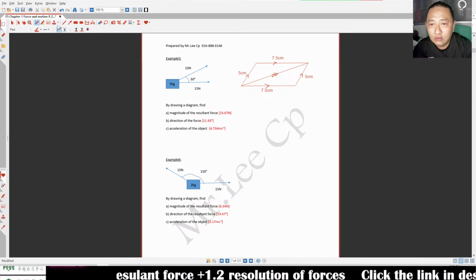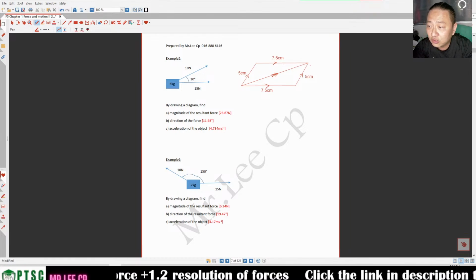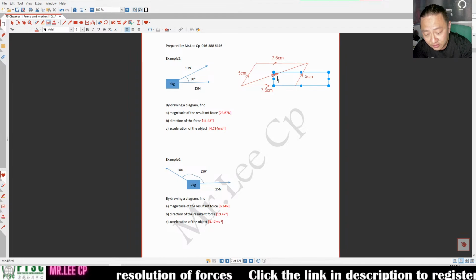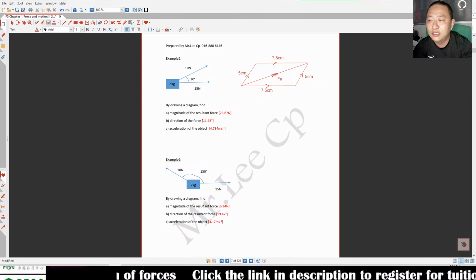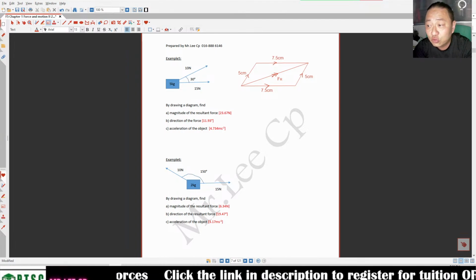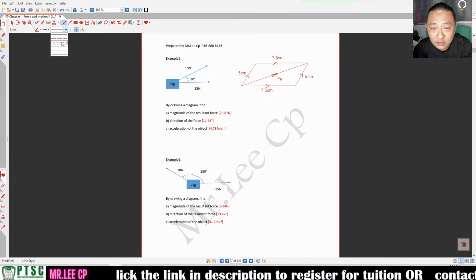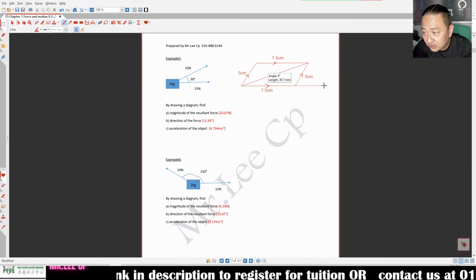Okay, so now the scale is divided by 2. All right, so this is your resultant force. We are going to label it FR, resultant force. After drawing it, now you need to know this angle of 30 degrees. So where is the 30 degrees?